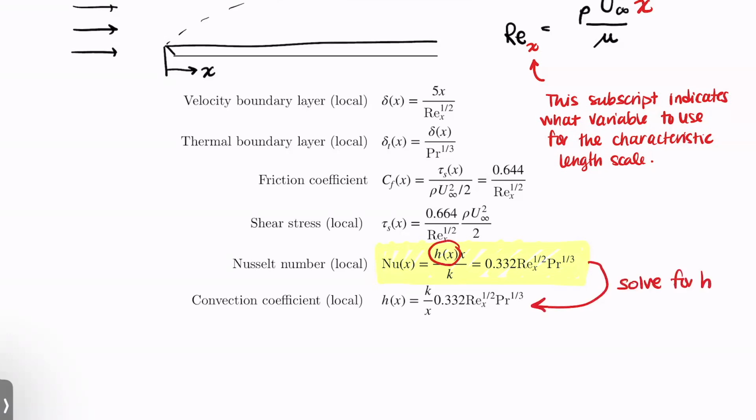If you recall, k is a material property. Reynolds number we can figure out based on the density of the fluid, the viscosity of the fluid, the free stream velocity, and what position along the plate we care about. And the Prandtl number is also a material property of the fluid.